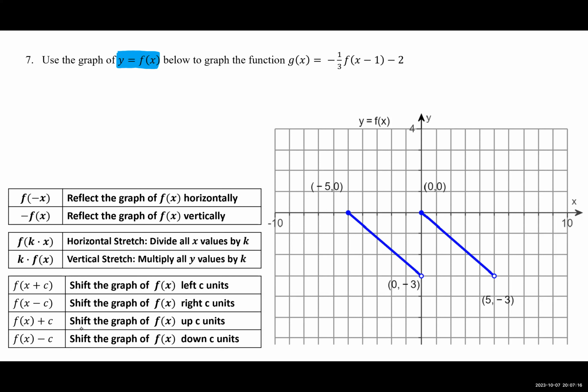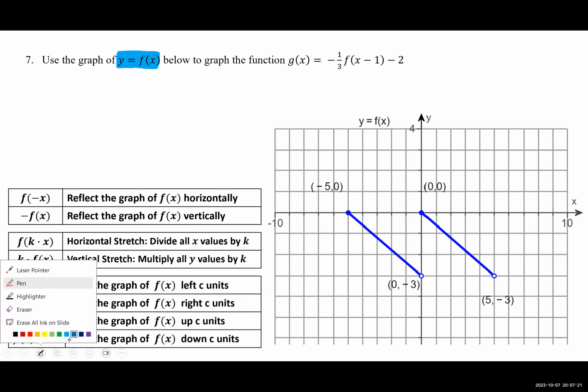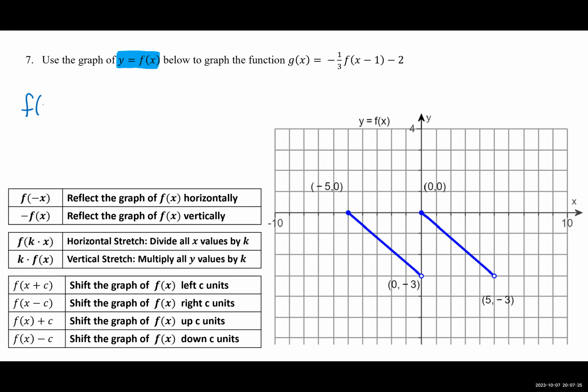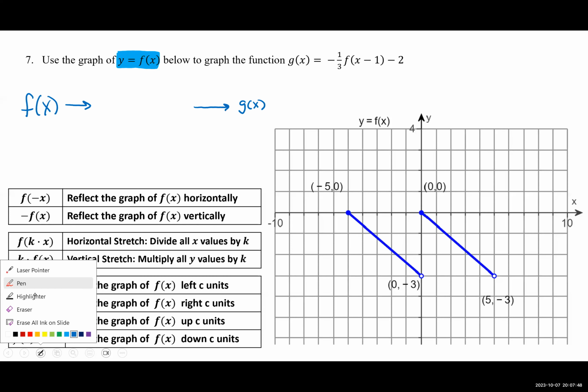So to get the g of x function, we start with the f of x function. We do something to it, and then we get the g of x. Well, what are we going to do to the f of x function?